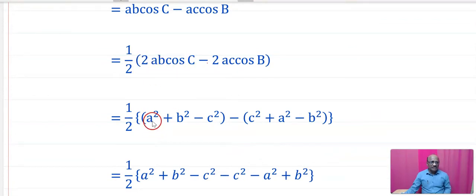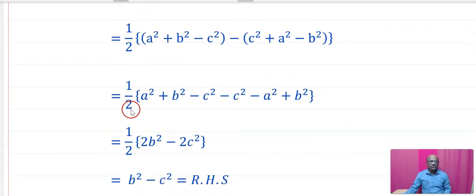That is nothing but a square plus b square minus c square with the help of the cosine rule. And next is 2ac cos B. Again its value is c square plus a square minus b square. If you simplify this, you will get 1 upon 2 (a square plus b square minus c square minus c square minus a square plus b square).